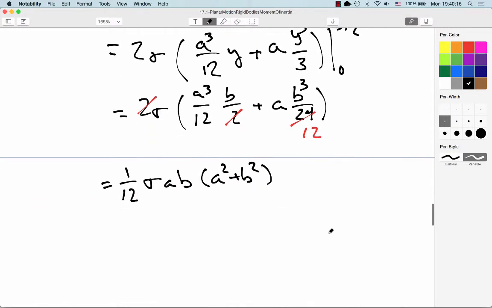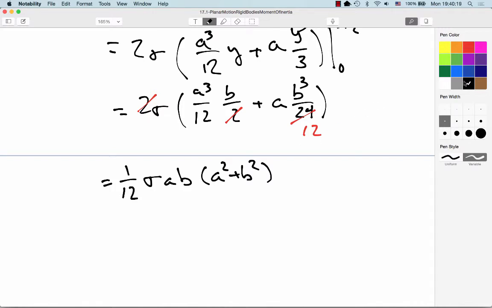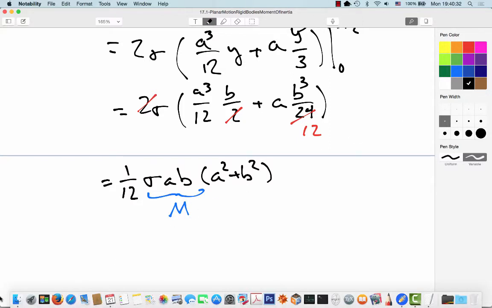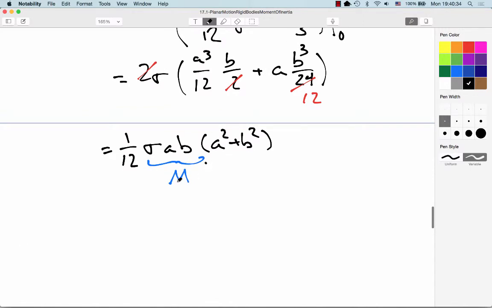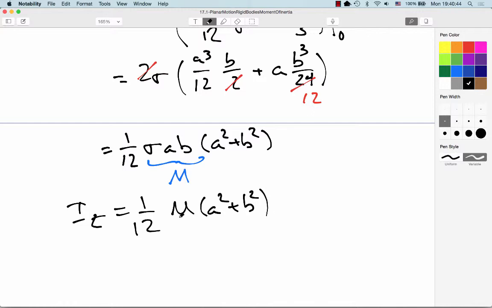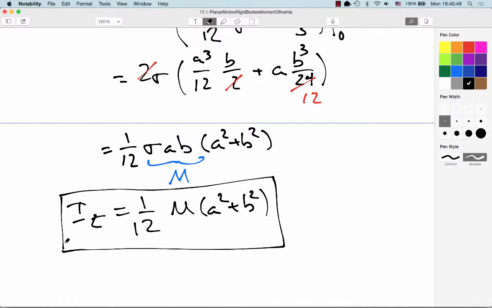Now this sigma ab is just the area of the lamina, and sigma is the surface mass density. So this whole bit right here is just plain the mass of the lamina. So with that identification, we get Iz equals 1/12 m times a squared plus b squared. And that's how you do that kind of thing.